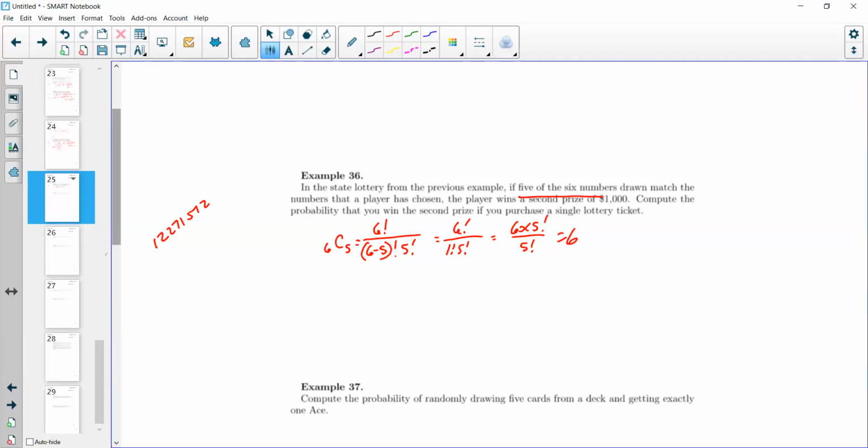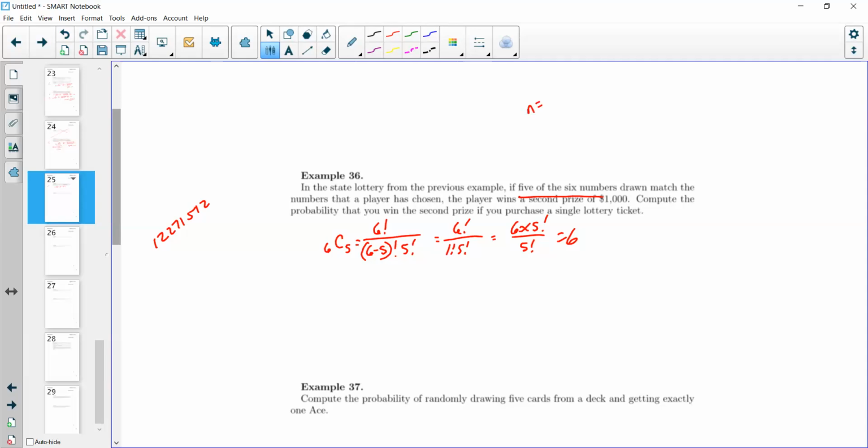What about the 6th number, though? How many options do I have for that 6th number and it not being a winning number? How many numbers are there total?